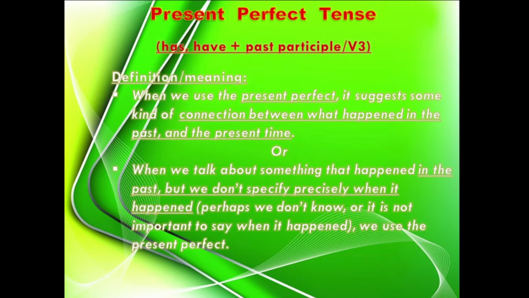And it is not necessary to tell the time when it started and finished. When you tell someone, I have just finished, it means you have just finished, might be within 5 or 10 minutes, and your listener will not even expect or want to know what time it started and stopped. Okay, so that is the meaning of present perfect.